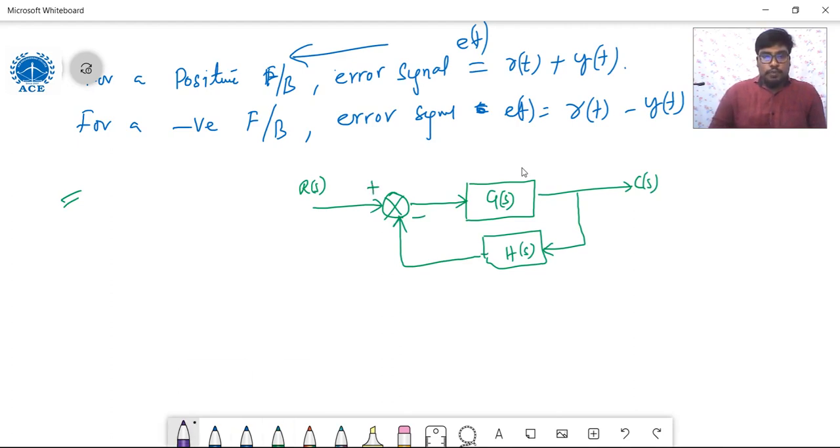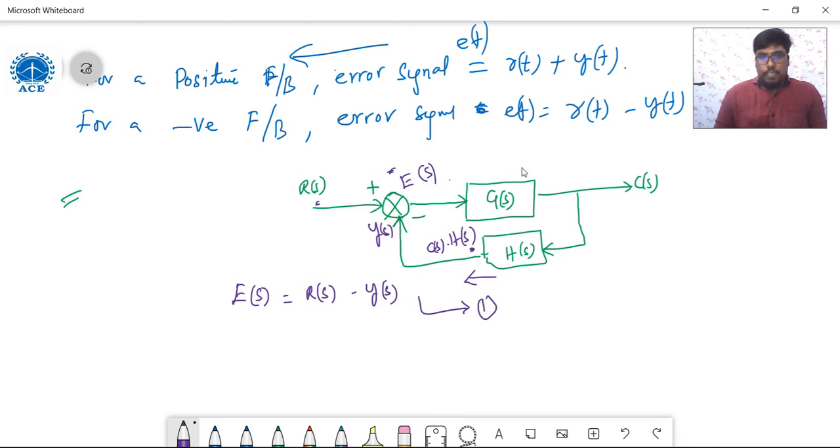So this one will be Y of S. Now what is the output here? Here C of S into H of S, right? This output is coming as feedback. Now this is E of S, the error signal. So let us consider first from the diagram. E of S, the error signal, is the difference between R of S and Y of S. So E of S is R of S minus Y of S. Consider this as equation 1.